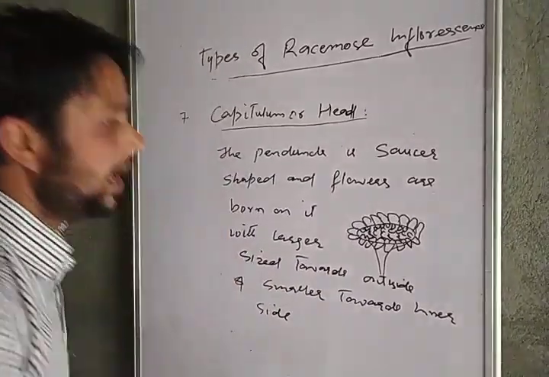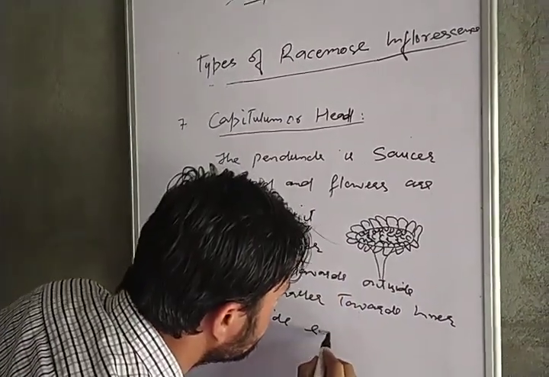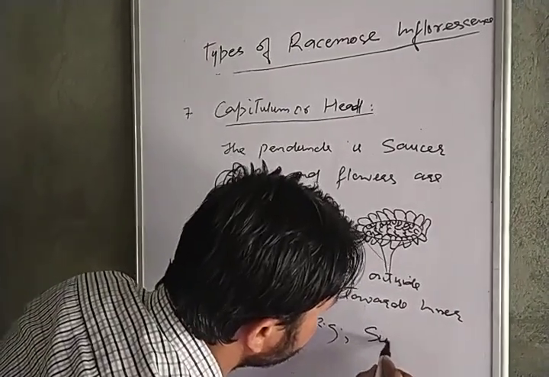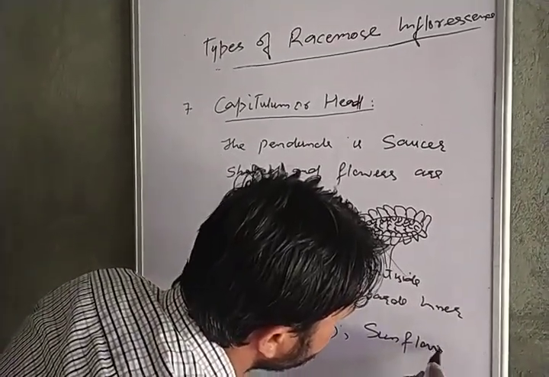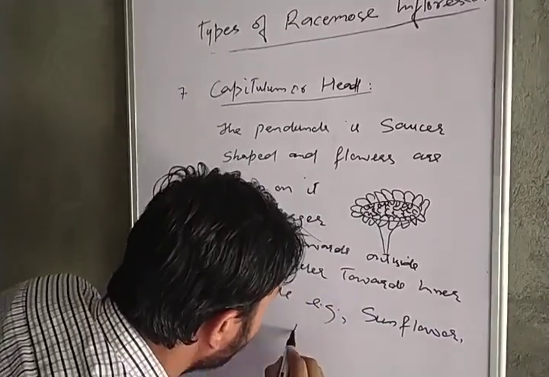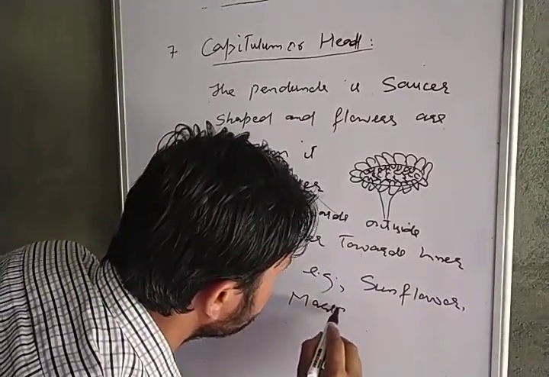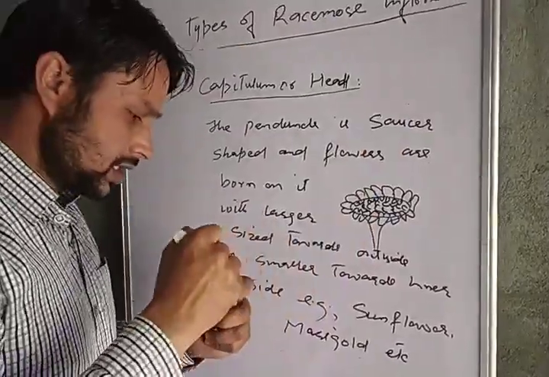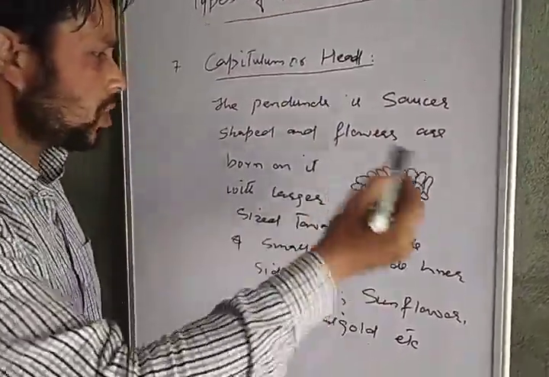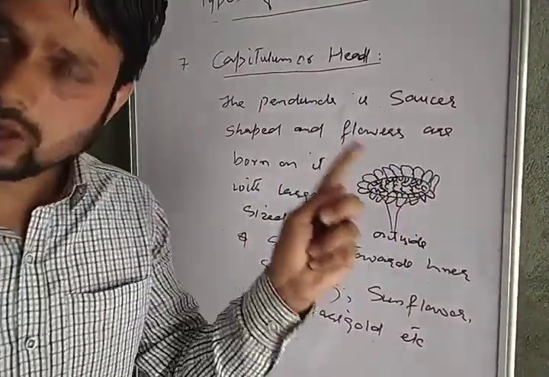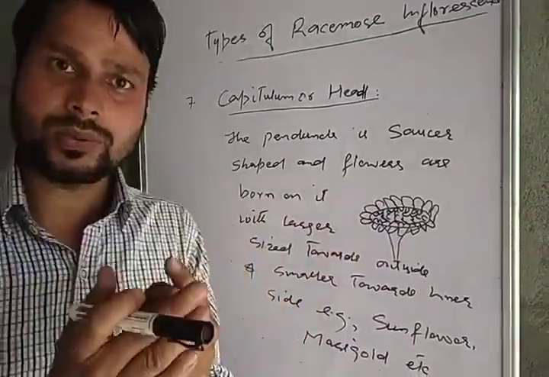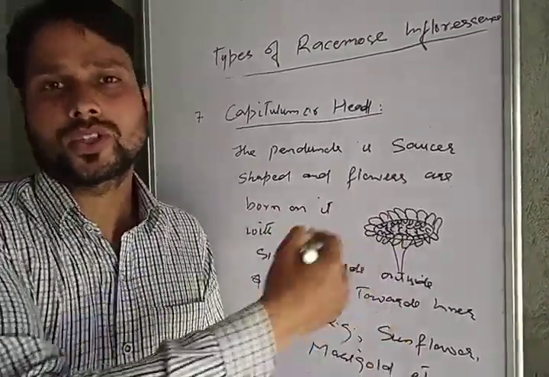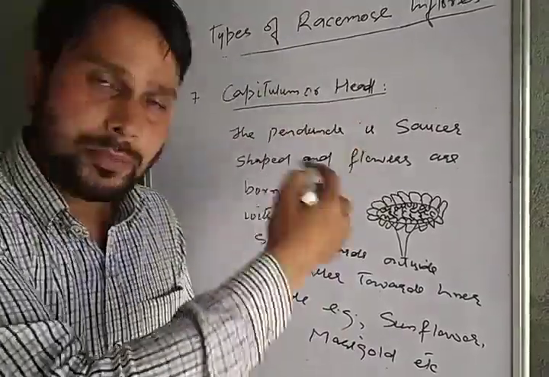Okay, and the examples are sunflower, marigold, etc. Okay, this is capitulum, in which the peduncle remains saucer-shaped, and flowers are borne on it with larger flowers on the outside and small flowers inside. This is capitulum or head.